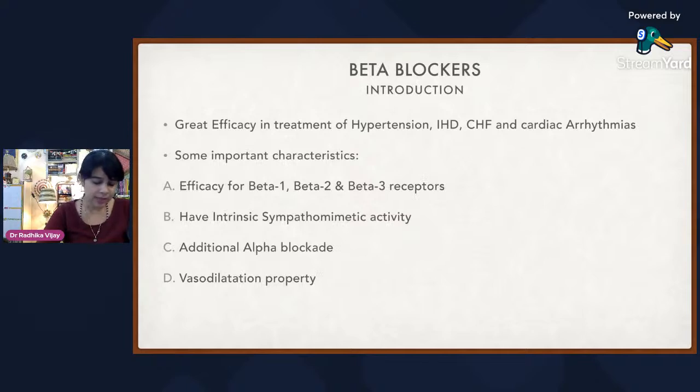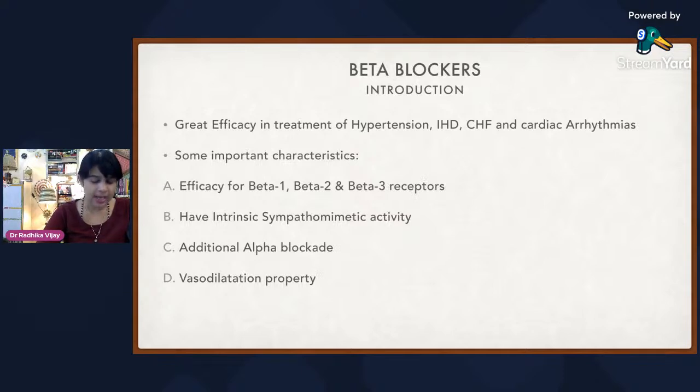First of all, beta blockers are basically very useful drugs, especially for the treatment of hypertension, ischemic heart disease, that is IHD, then congestive heart failure, and cardiac arrhythmias. Now, the most special characteristics of the beta blockers that we make use of are their specificity for receptors like beta 1, beta 2, beta 3.